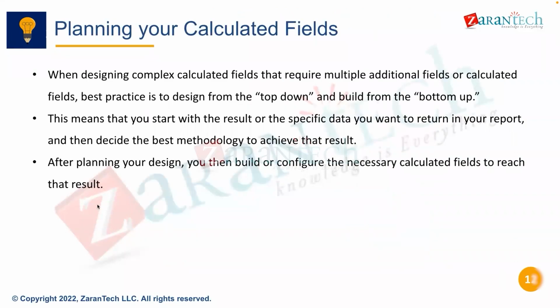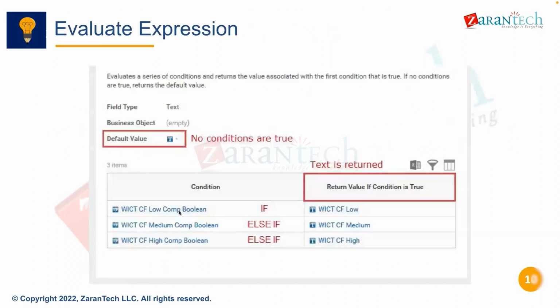Then we'll be looking at planning the calculated fields. Which one do you keep at the top, which one do you keep in the middle, which one do you keep at the low? If you design a calculated field, it should be done in an optimized manner, because once you start working with Workday, the data keeps increasing.